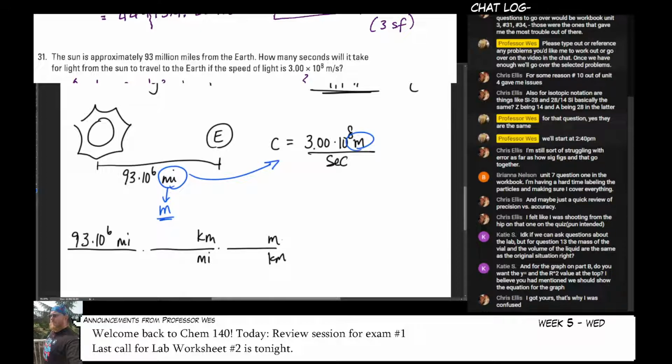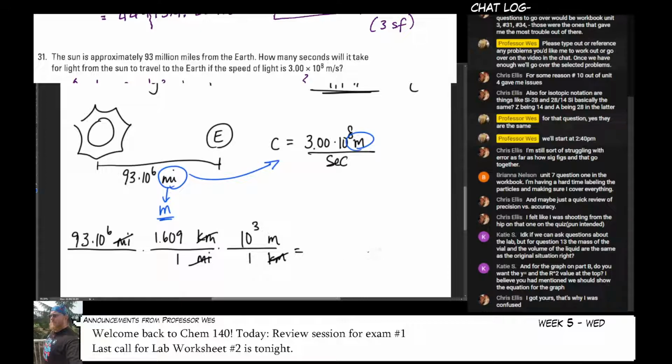You could do it any number of ways, but this is the way that I do it in my head. I would turn miles into kilometers and then kilometers into meters. So I know that in a mile there's 1.609 kilometers, and in a kilometer there's 1,000 meters. So this would tell me the number of meters. If I hit equal, I would get a number of meters.